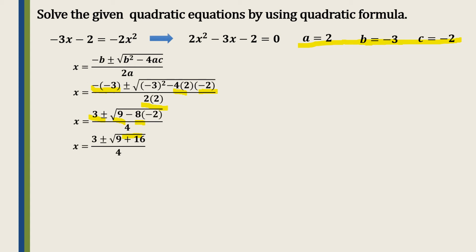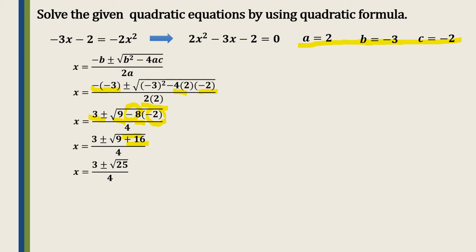X equals 3 plus minus the square root of 9 plus 16 all over 4. Yung 16, positive 16 dito na nakikita nyo, galing sa product ng negative 8 at negative 2. Negative 8 times negative 2, we have positive 16.